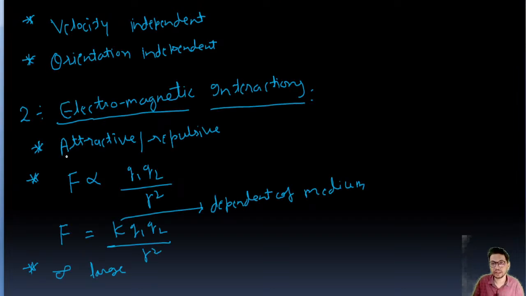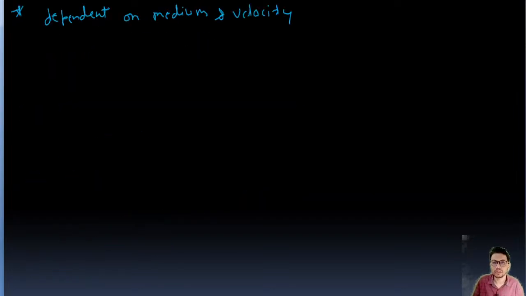So the electromagnetic interaction is dependent on the medium and velocity, that is, the velocity of the particle and the medium in which the particle is. So this is about electromagnetic interaction.